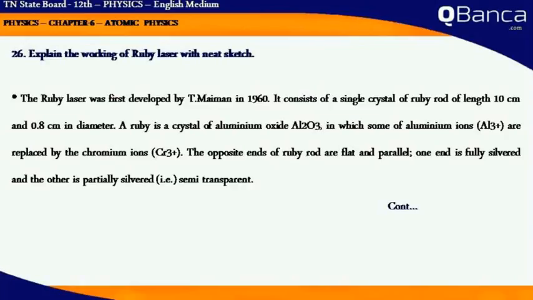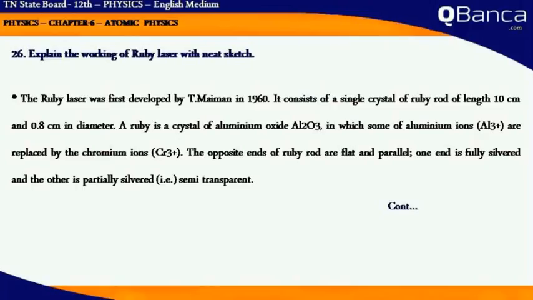The ruby laser was first developed by T. Maiman in 1960. It consists of a single crystal of ruby rod of length 10 cm and 0.8 cm in diameter.